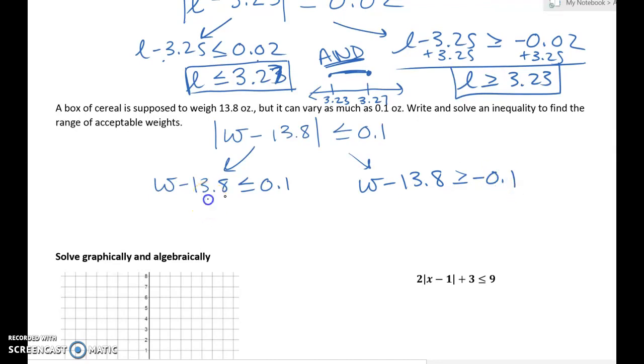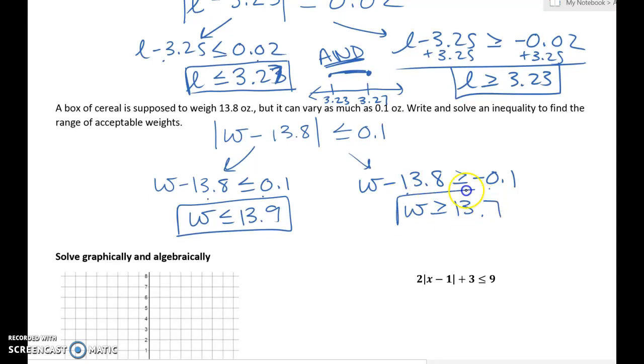If we solve this, add 13.8, W is less than or equal to 13.9, add 13.8, W is greater than or equal to 13.7. This ends up very similar to the above in that they meet in the middle. So 13.9, 13.7, less than or equal to, greater than or equal to, so it's an and.